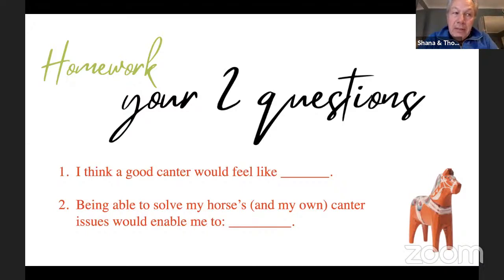And plus a good quality canter is gymnastically useful. It can really develop the belly muscles, the hindquarters. It improves the impulsion in the trot, right? Trot and canter have an interesting relationship. The trot gives better balance to the canter oftentimes. So trot work gives better balance to the canter. The canter gives more impulsion to the trot and often more roundness.